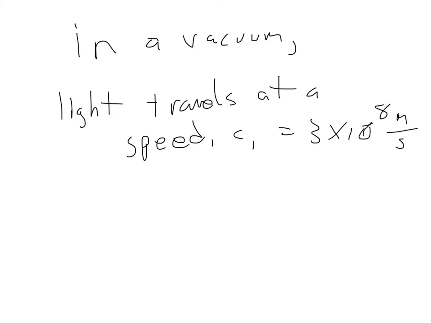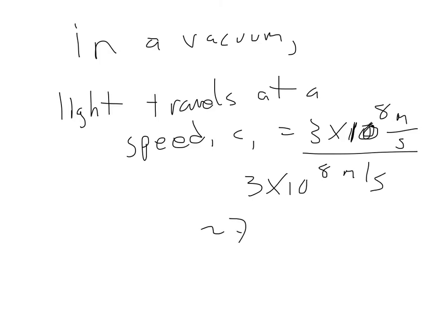To give you an idea how fast that is, if there were a path around the Earth, light would go around it about 7 times in 1 second.